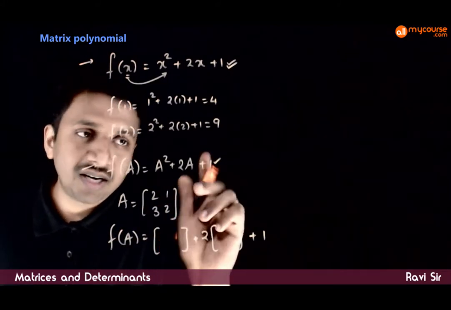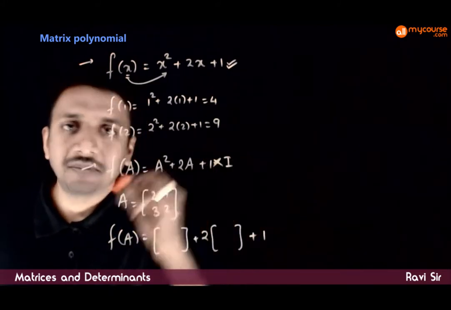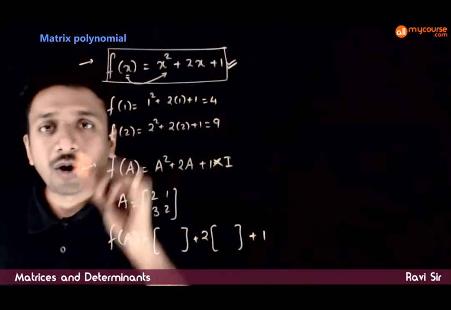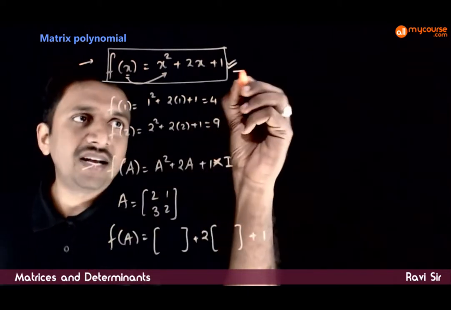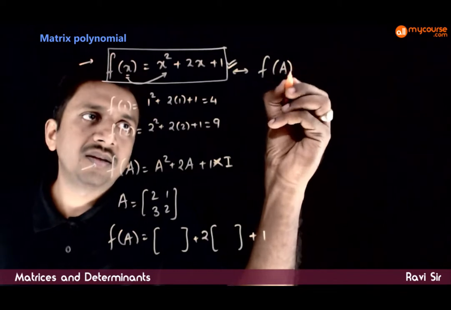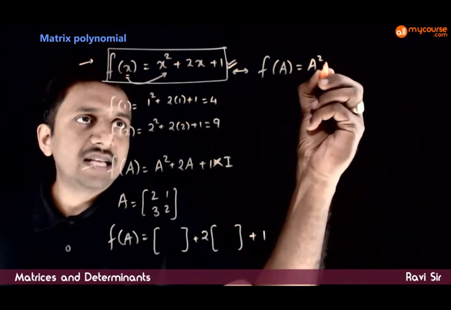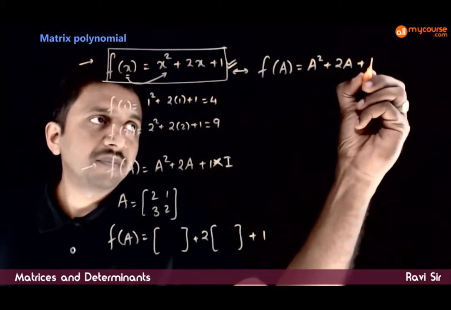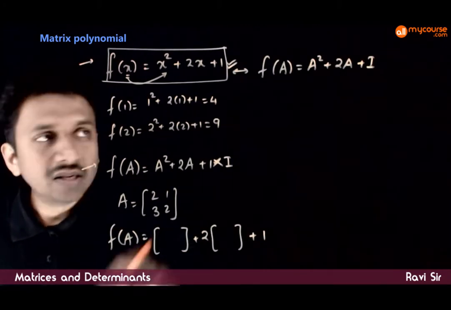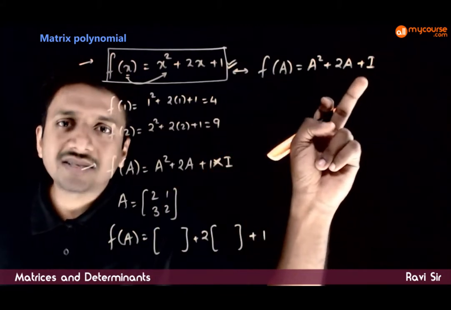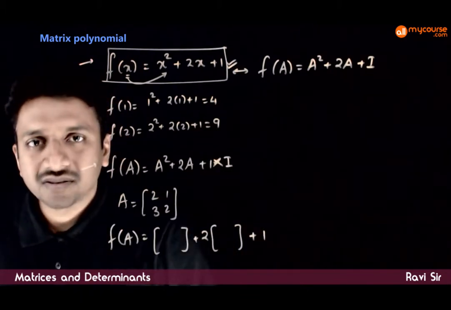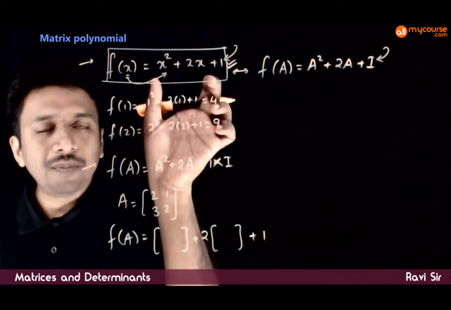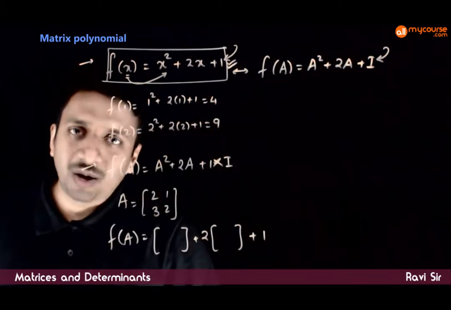So whatever is the constant, I multiply it with I. Corresponding to this polynomial in numbers, I define a matrix polynomial as A square plus 2A plus 1 times I, that is plus I. Whatever order A is, I is the corresponding order unit matrix. So the constant is multiplied by the matrix I to make a general polynomial a matrix polynomial.